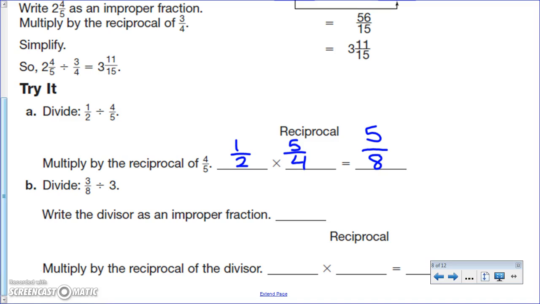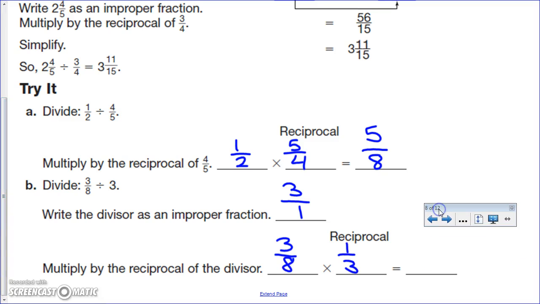Right, for B, when we're dividing by a whole number, you need to write that whole number as an improper fraction. So it becomes 3/1. Now we can multiply by its reciprocal. So we get 3/8 times 1/3. Next, we're going to multiply our numerators.